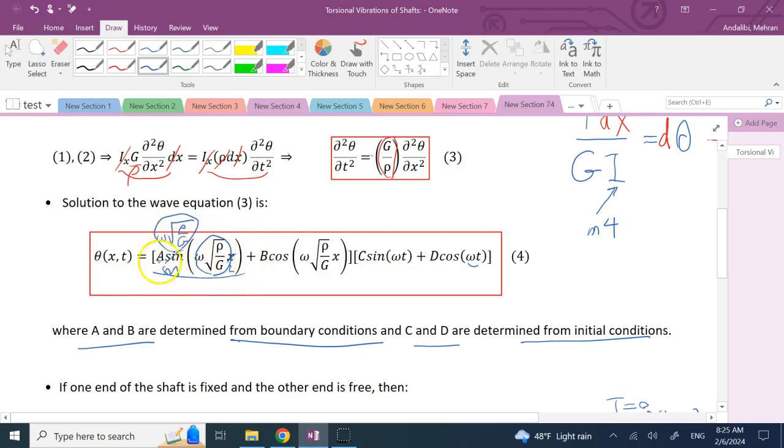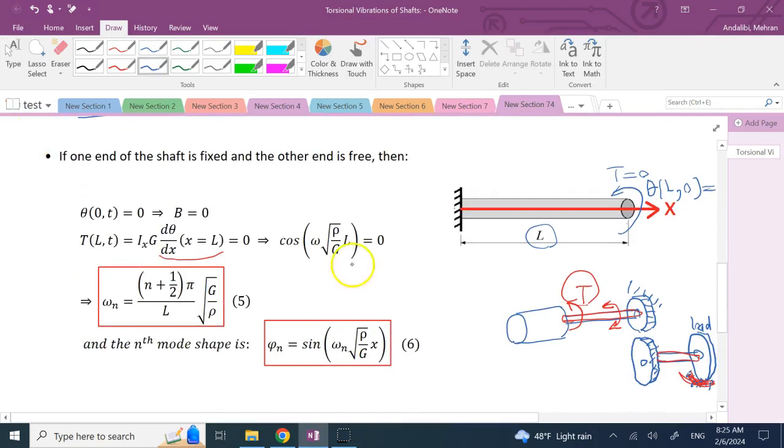Now this first part, which is a times omega something, that cannot be 0. A cannot be 0 because if A is 0 and B is 0, then the whole theta is 0, which is a trivial solution. Omega is the frequency, it cannot be 0 because that means rigid motion. So the only part that has to be 0 is this cosine term here. This cosine term is the only term that can be 0, such that we still have a solution.